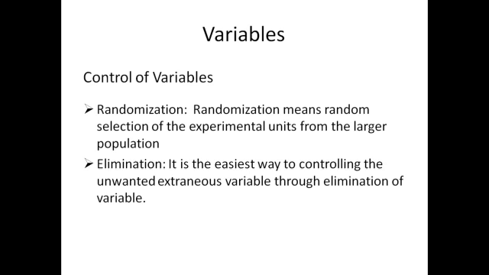Now let us discuss one of the most important ways to control the confounding variable, that is randomization. Randomization means random selection of the experimental units from the larger population. It is one of the important methods of controlling extraneous variables.